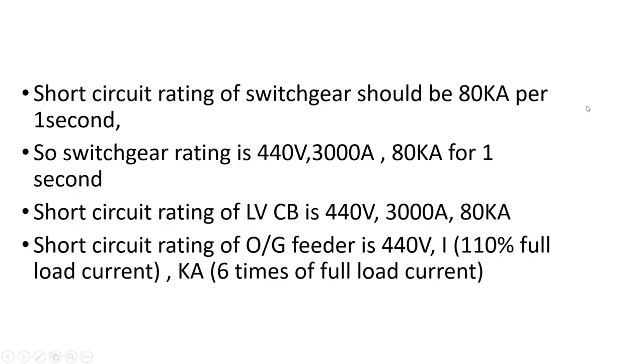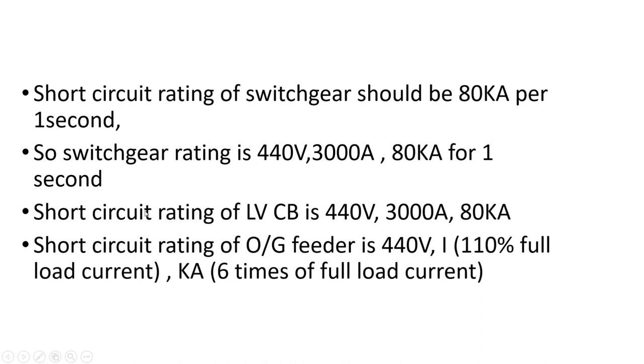If any fault happens within 80 kilo ampere, my switchgear should withstand it for 1 second without any fault or flashover. So for the switchgear rating, I have to choose 440 volt and 3000 ampere as per my current calculation, and 80 kilo amperes for 1 second as per the short circuit calculation. This is my switchgear rating.